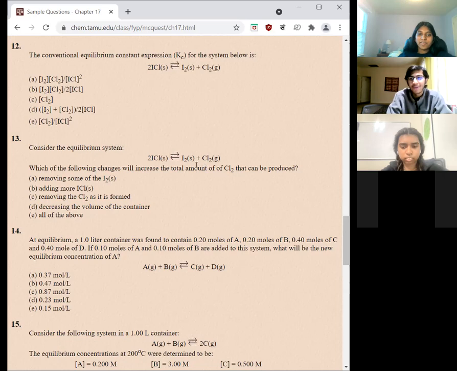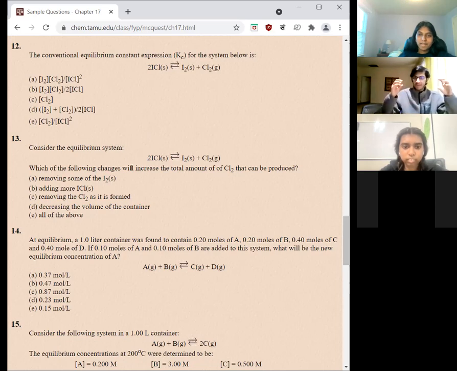Solid. Oh, right. Look at gas. So this has 1. This effectively has 0. So we want to go to this side.